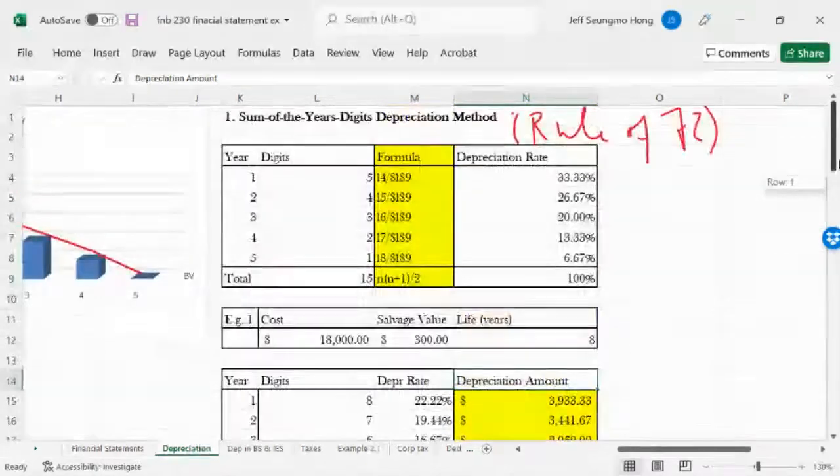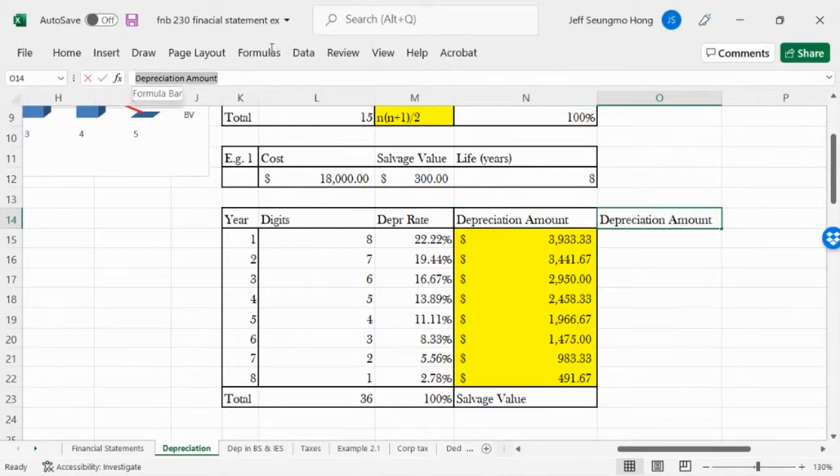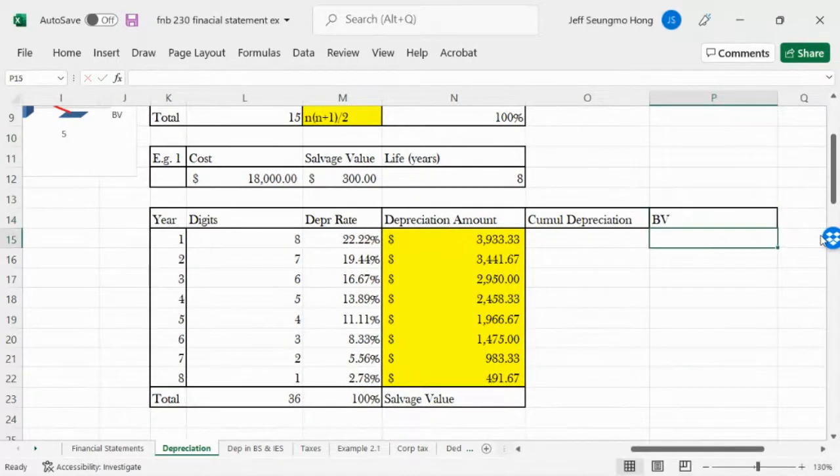If I have a column of cumulative depreciation, and a column of book value, then I will do that.